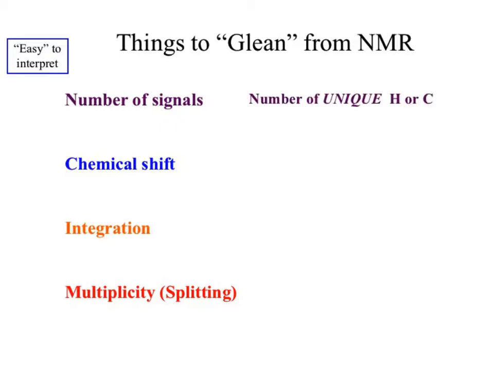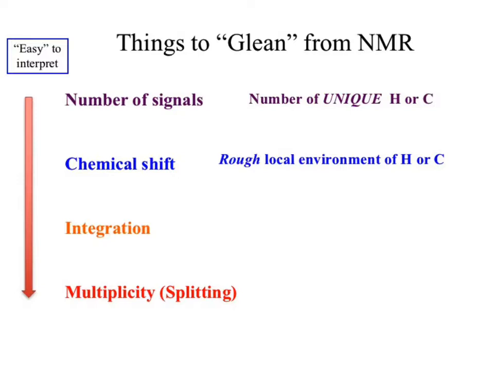Chemical shift is where the peak shows up on your x-axis. It depends on the things that are around it, the local chemical environment, meaning what is bonded to the hydrogen or the carbon. Integration is the area underneath the curve.